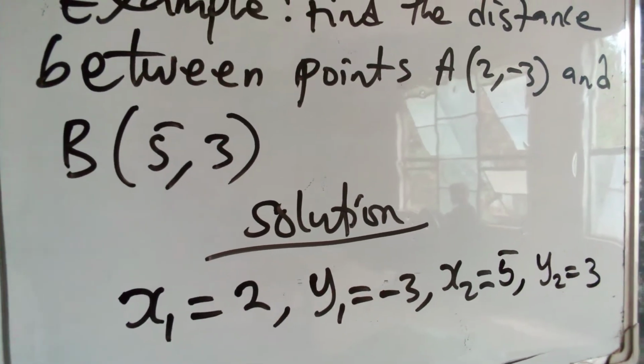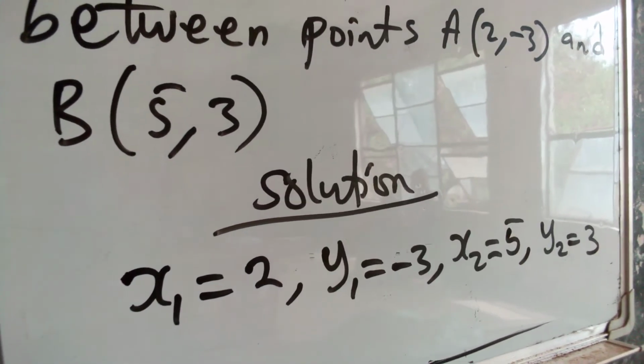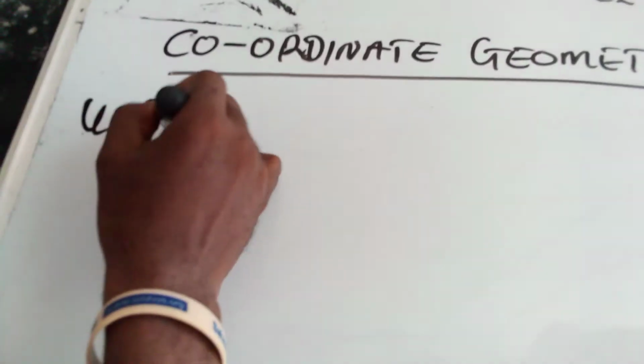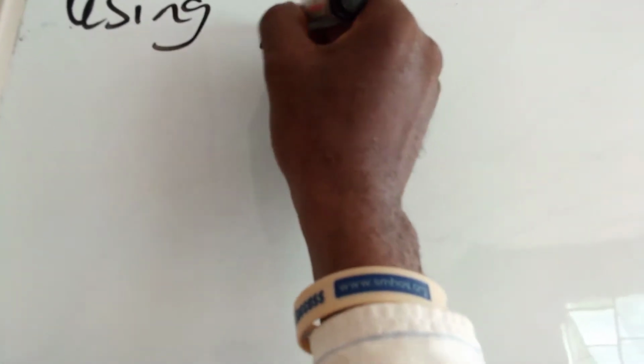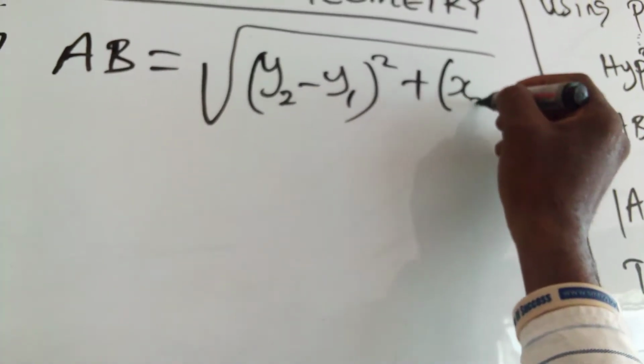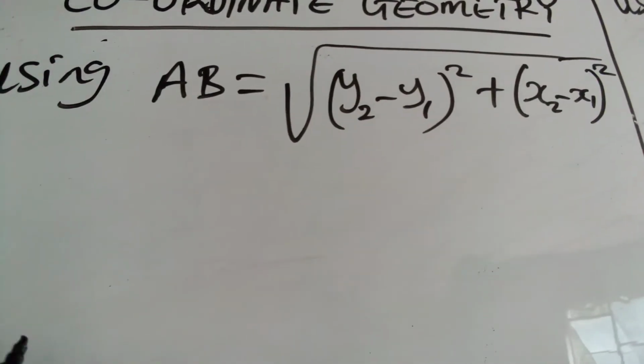So the next thing now, you write the formula and substitute. Using the formula, AB will be equal to the square root of Y2 minus Y1 square plus S2 minus S1 square. So that will give you what?